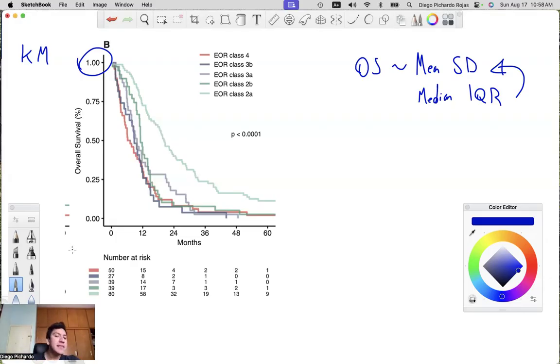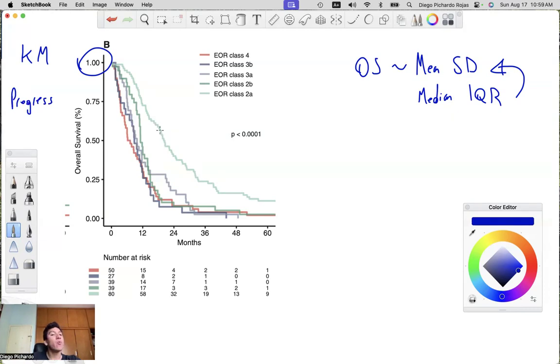But in theory, we could do an analysis like when do they progress, like when the tumor grows back, or when the chemotherapy stops working. Any of these outcomes can be analyzed through a Kaplan-Meier curve, you know.